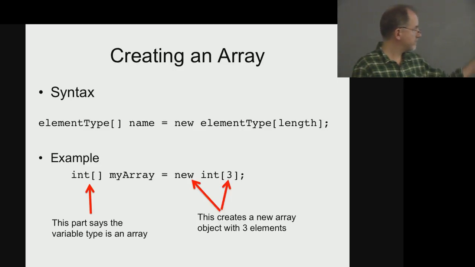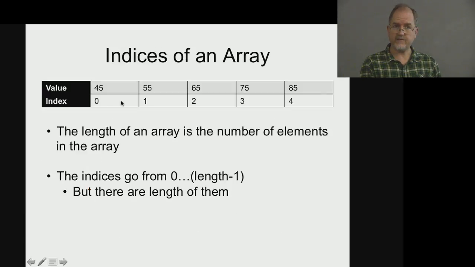When I make an array like this, you can think of it as creating a sequence of spaces to hold values. In this case, we made an int array, so the values are all integers. And again, we access the item that we're interested in one at a time by using an index value.